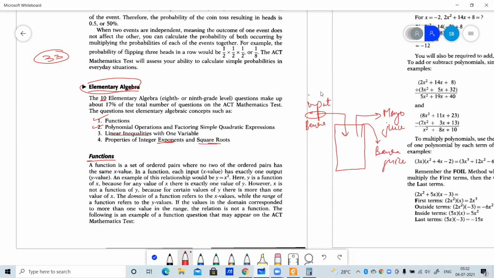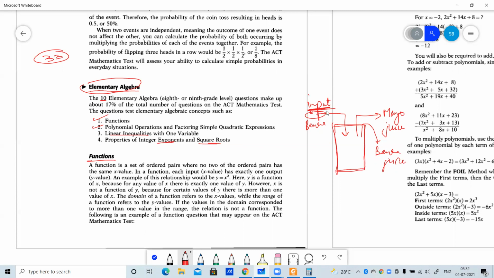So that means for each input of this machine which we are putting in, we are getting a different output. We cannot get the same output. Are you understanding? That means if we put mango, we will not get banana juice, we'll get mango juice. If we put grapes, we'll not get mango juice, we'll get juice of grapes.